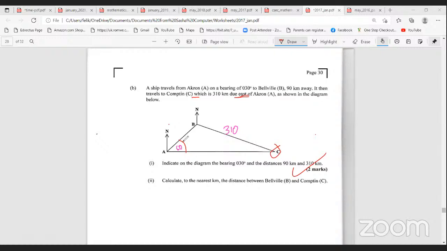And right here was 30. All right, and here is 90 kilometers.